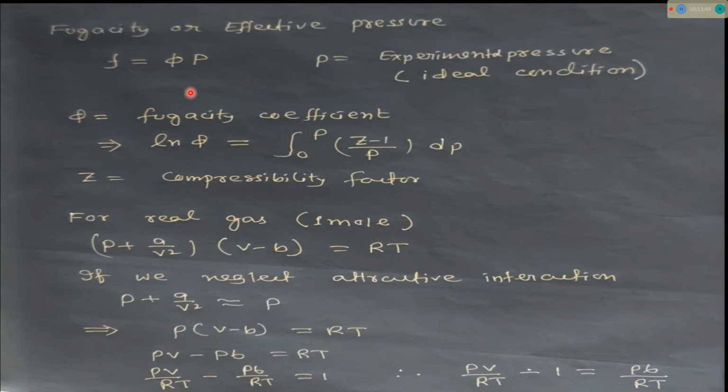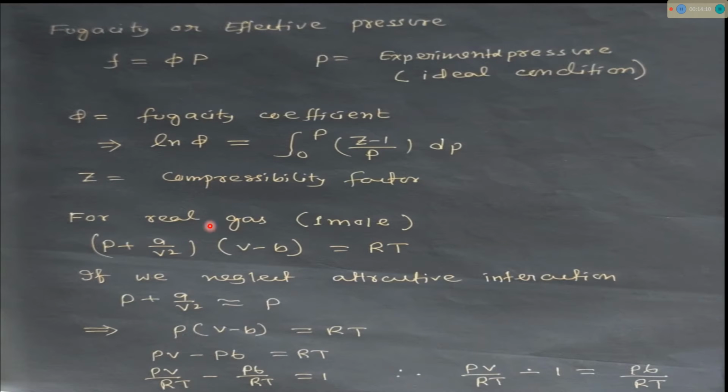So for an ideal gas phi is equal to 1, and both F and P have the unit of pressure. Sometimes in competitive exams the question is asked, what is the unit of fugacity? Fugacity or effective pressure has the unit of pressure.